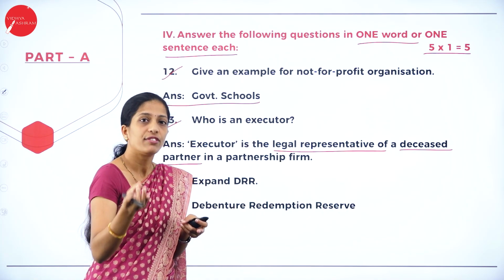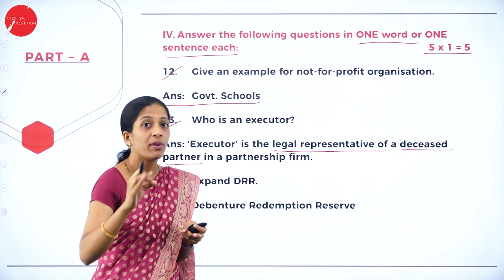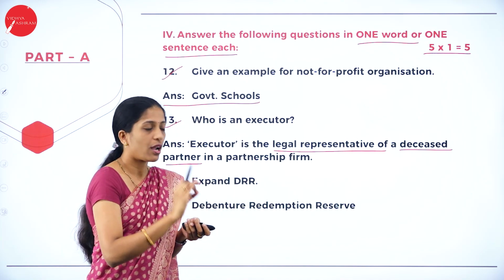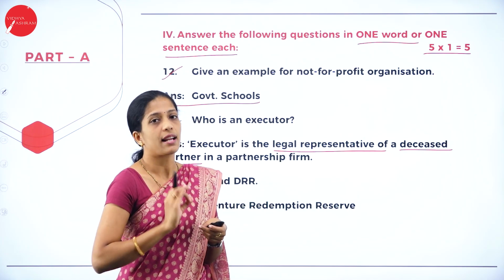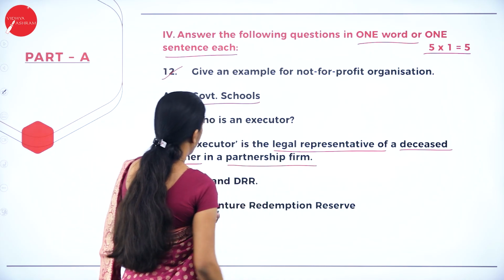The partner who has died. So you have to write it neatly. Who is an executor? Executor is the legal representative of a deceased partner in a partnership firm.